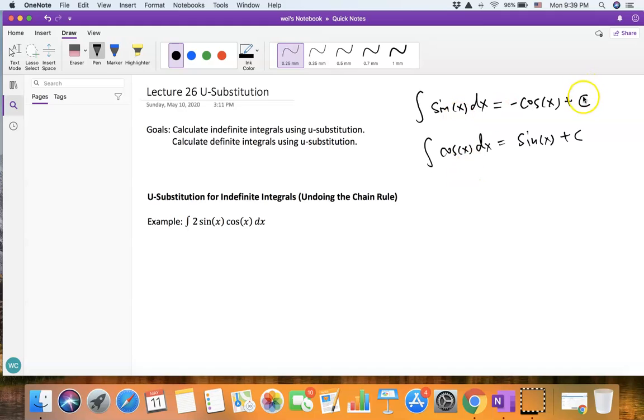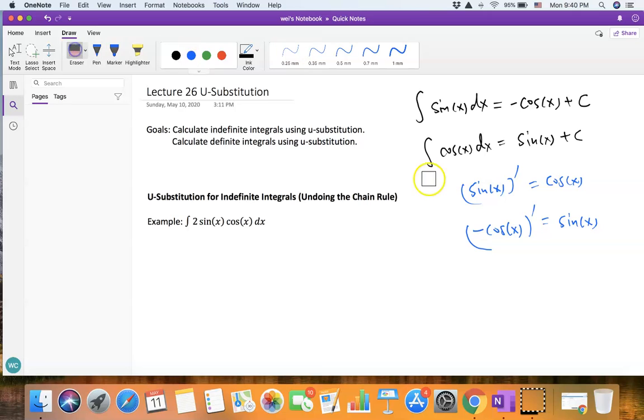We know this because before integration we started with derivatives, and we know that the derivative of sine x equals cosine x, and the derivative of negative cosine x is sine x. So that's why when we see these two integrals, we can immediately know that the answers are negative cosine and sine.